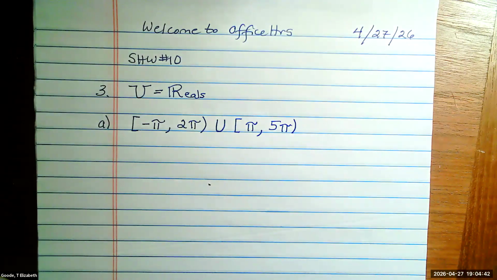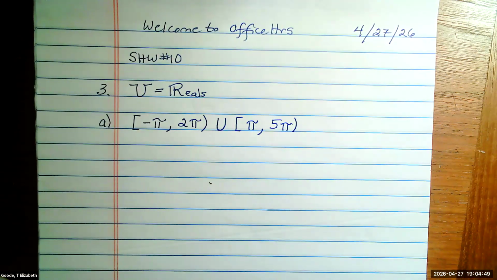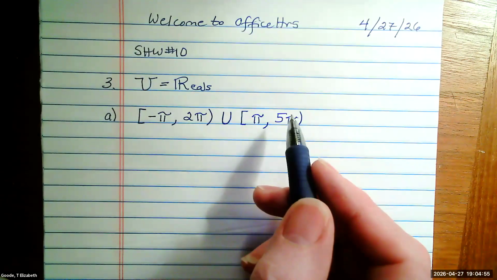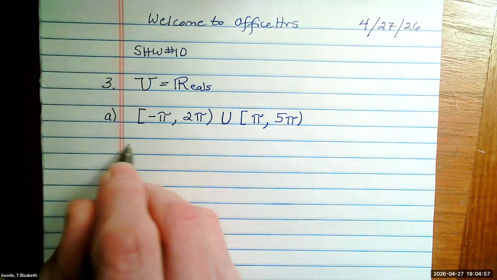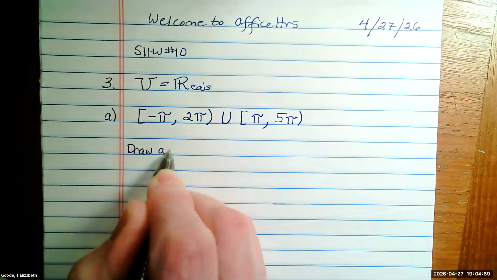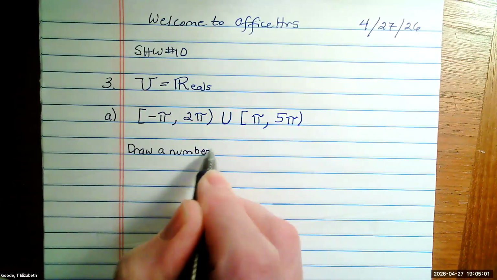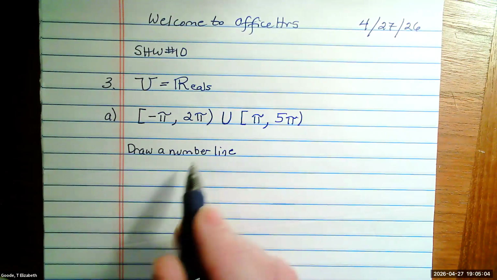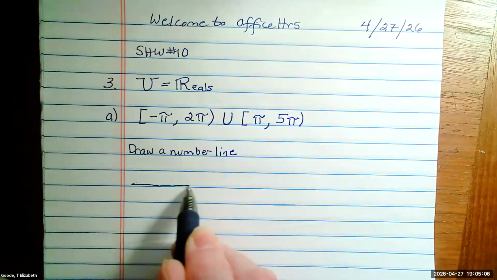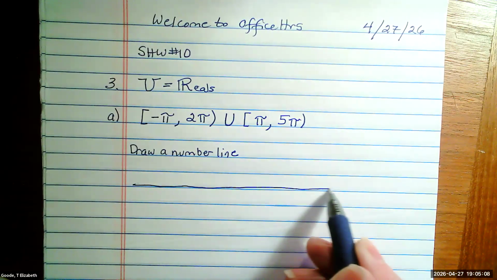All right. So part of what I might be able to do to help you with these problems is to figure out how to go about it. We can do just one. Let's draw a number line, a real number line. So here's the reals.